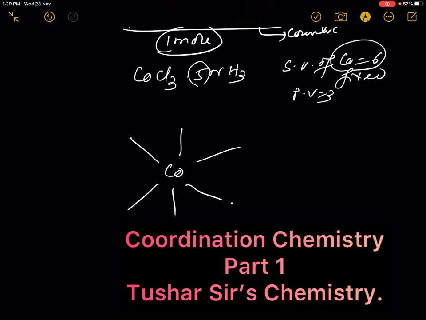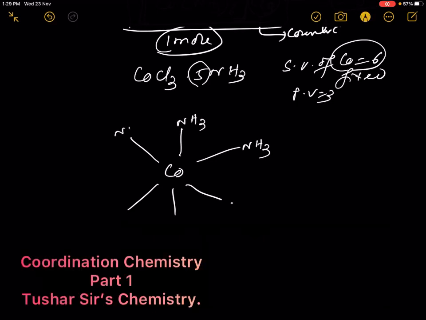But here there are 5 ammonia molecules. Let us write 5 ammonia molecules. And 3 chloride ions are there. Another solid line is there without any ammonia molecule.